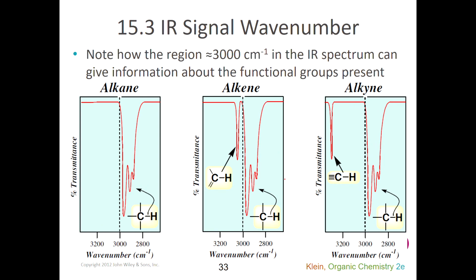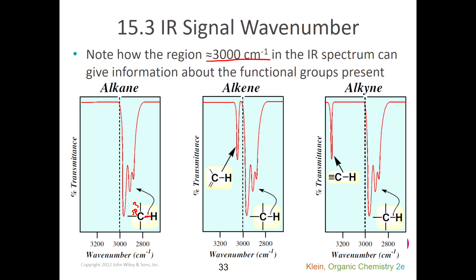So if my molecule doesn't have any sp2 or sp hybridized carbons with hydrogens on them, I won't see any peaks above 3000 because all the CH bonds on sp3 hybridized carbons are a little bit weaker and they only absorb energy below 3000. And so this 3000 is a nice cutoff. It's a really nice, useful way to look at what types of carbons are in the structure.